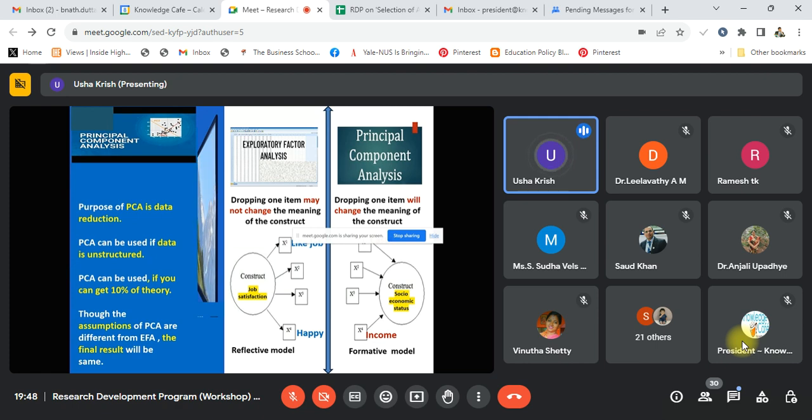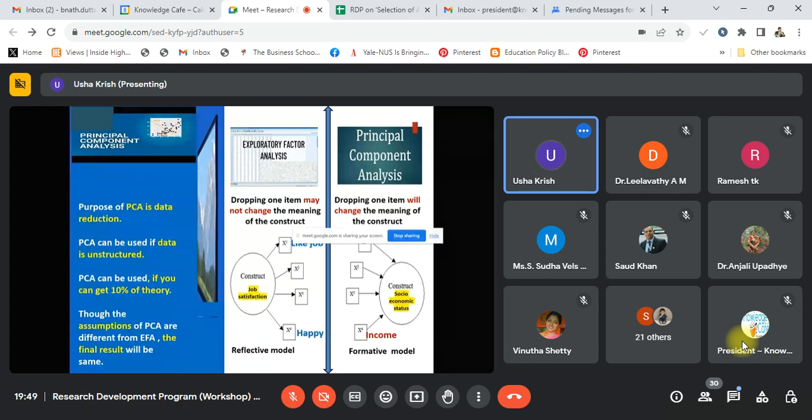Now, let us discuss the reflective model. In this case, we define the construct first, and based on that definition, we identify the items. Even if we remove one item, the meaning of the construct will not change totally. For example, I have taken job satisfaction as the construct, and to measure this construct, I have taken two items.